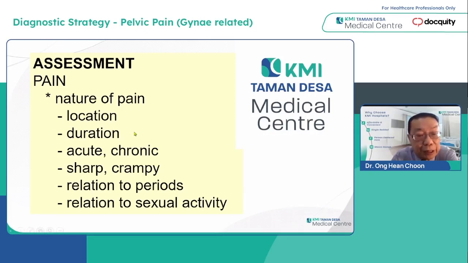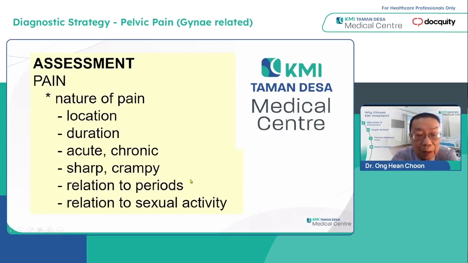You would like to know the duration as to how long the woman has been suffering from the pain. This gives you an idea of whether the pain is of an acute nature or a chronic nature. And is the pain sharp in nature or is it crampy? Because it denotes different issues, okay?